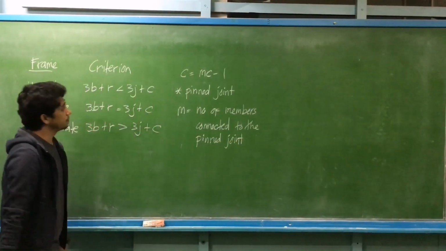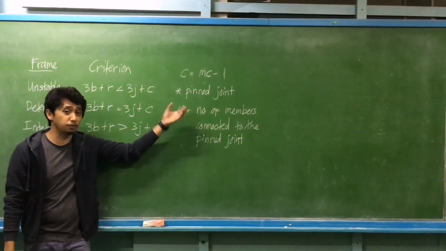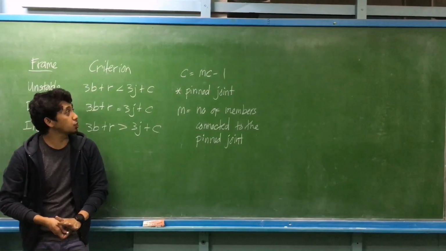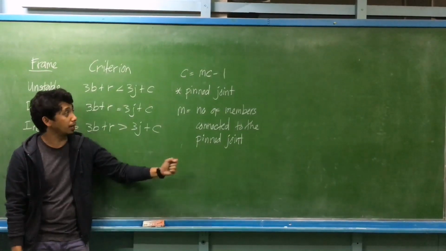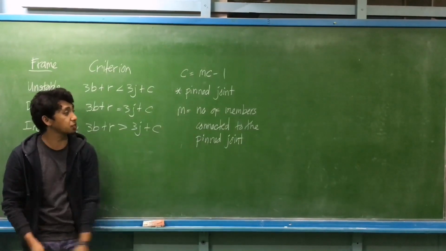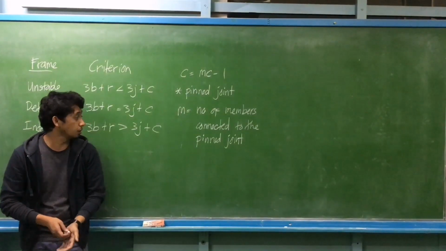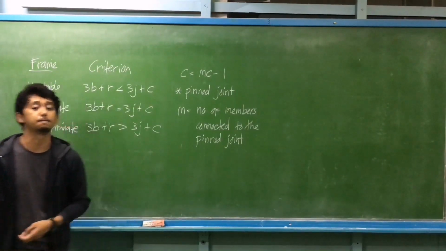So for this case, if you are dealing with frames with a pin connection for joints, the value of C should be equal to MC minus 1. Wherein, again, we are dealing with a pin joint. M represents the number of members connected to the pin joint. So let's have an example.